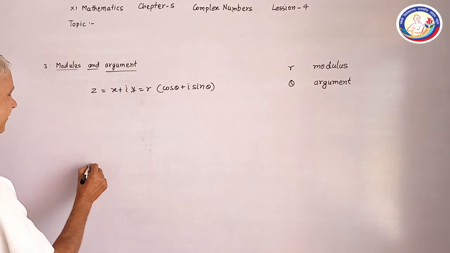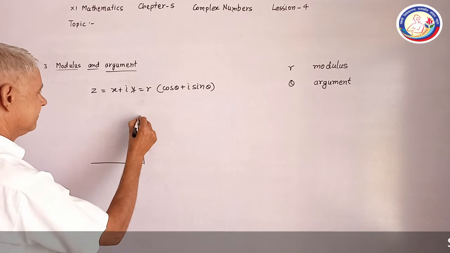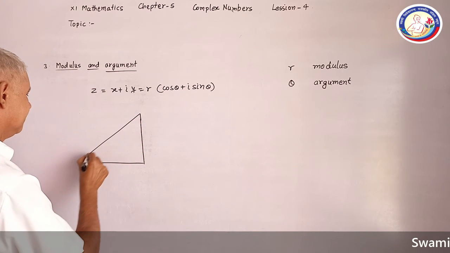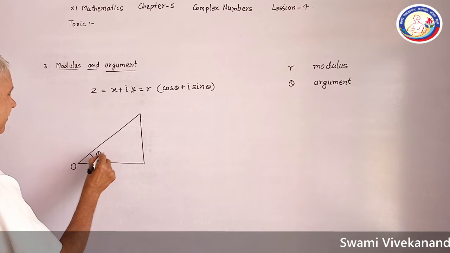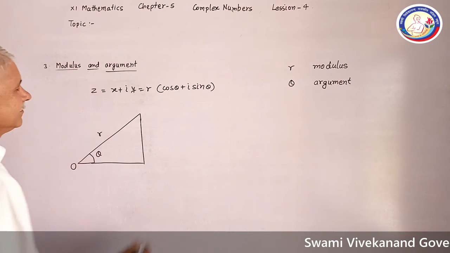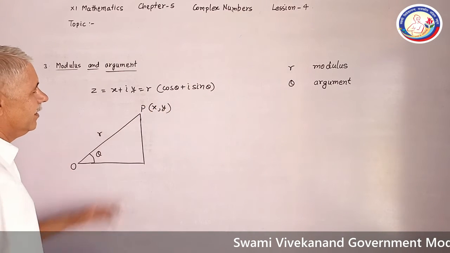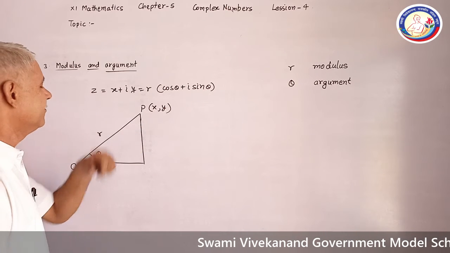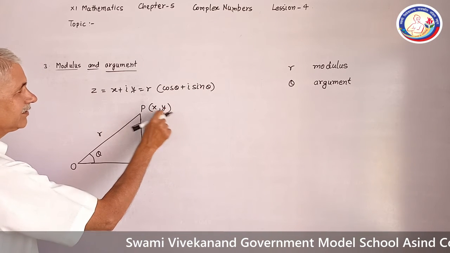See the previous figure again. This is the origin, this angle is theta, this is r. P(x, y), x and y are the coordinates of this point P, where the complex number is x plus iota y.